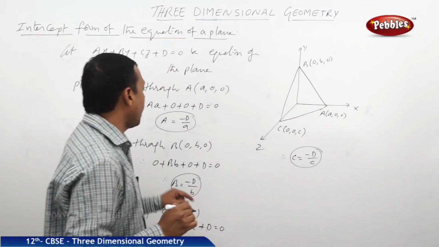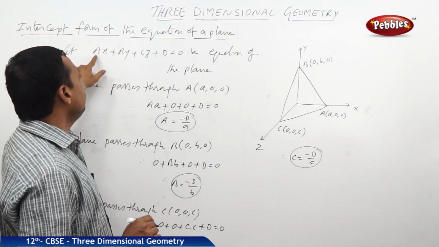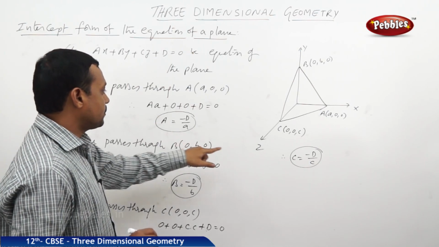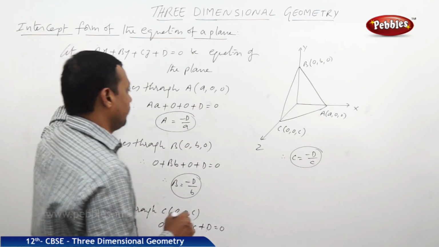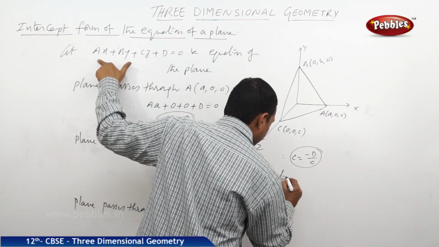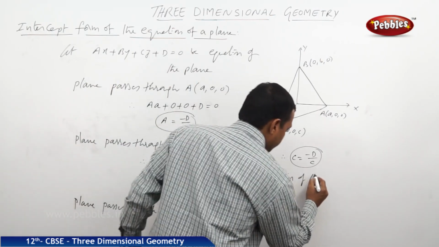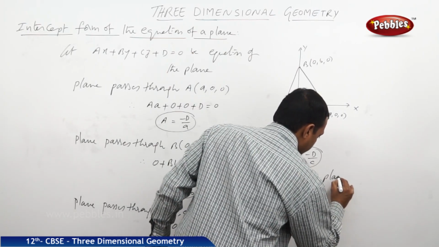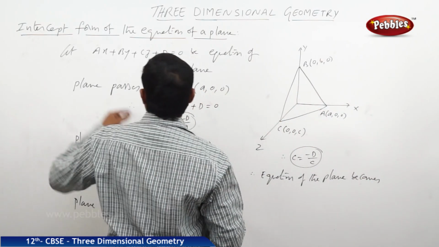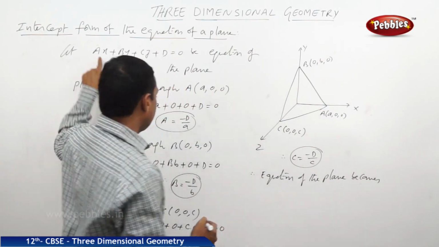Now here we have the three values a, b, c. Substitute those values in the given equation. Therefore, the equation of the plane becomes A into, but what is a?